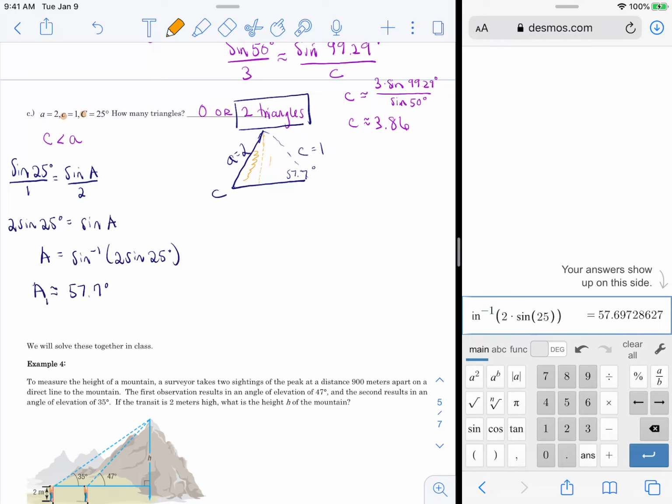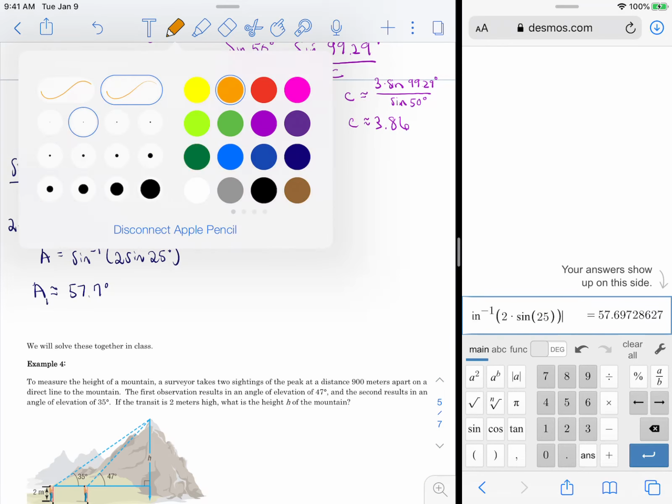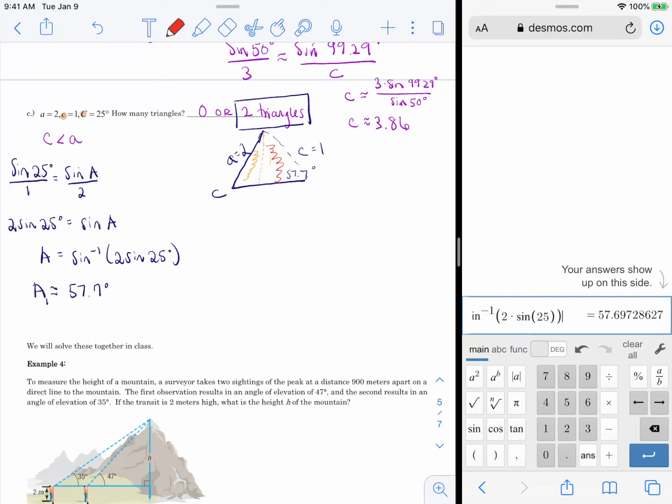Now what happens here, just for you to buy into it, is this shaded red triangle is an isosceles triangle, since this is a 1 and this is a 1. Now remember, that red triangle is nothing to us. It's either that big triangle or the orange one. Well, if this is an isosceles triangle, that means that this angle here has to be 57.7 degrees, because across from the same length side are the same angles, like discussed in those special right triangles.